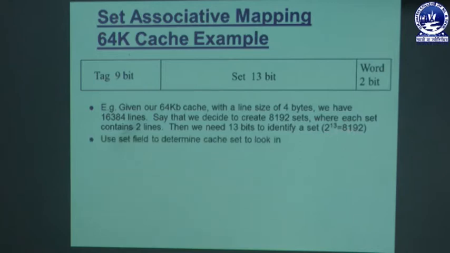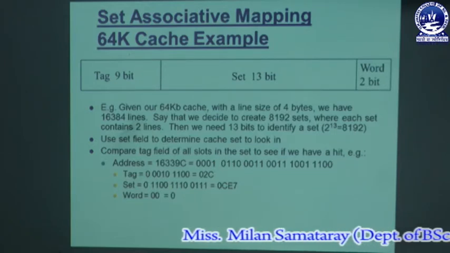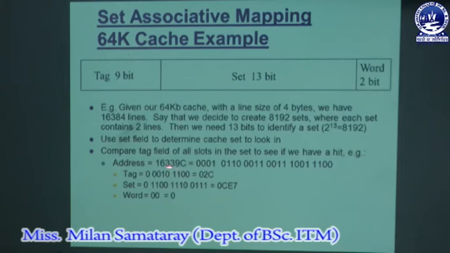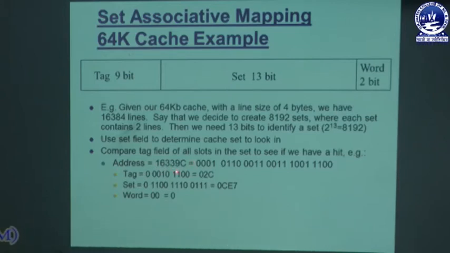Okay. So here we use the set field to determine which cache set to look in. Then next is to compare the tag fields of all slots in the set to see if we have a hit or not. Let's take an example. The address is this much. So first we have to represent it in binary format here.